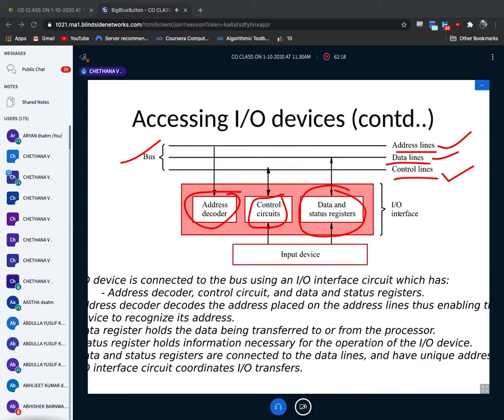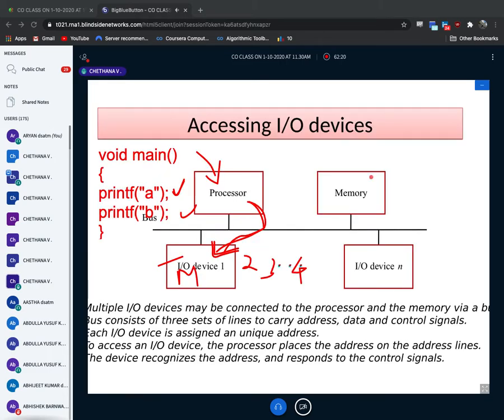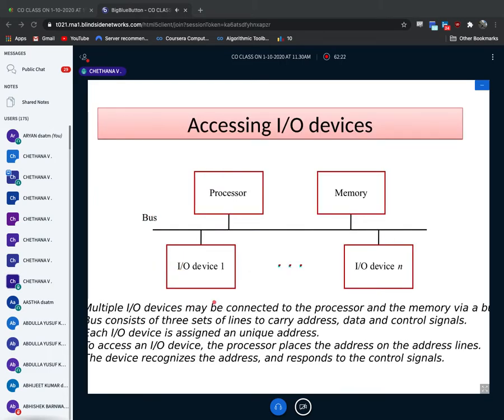See, instead of telling first the interrupt service routine directly, I'll take it to this slide. In this slide, we have n number of devices. Device 1, device 2, device 3, n number of devices are there. My processor is available here. My devices are available here.